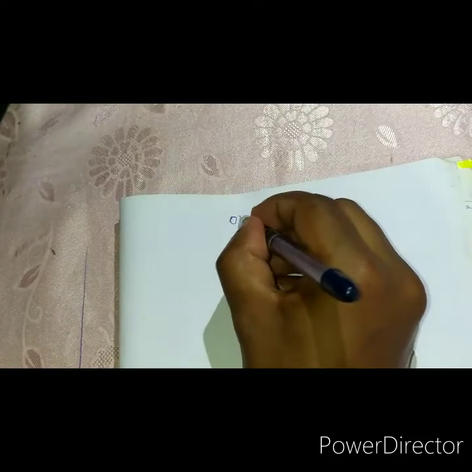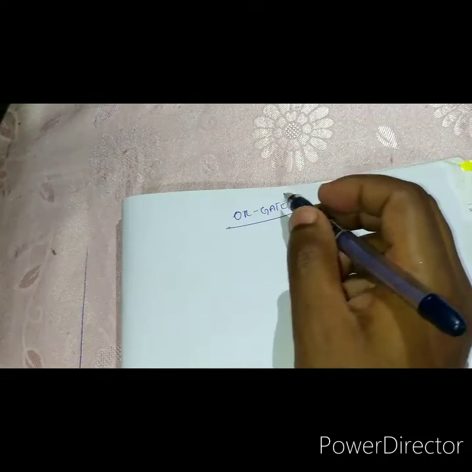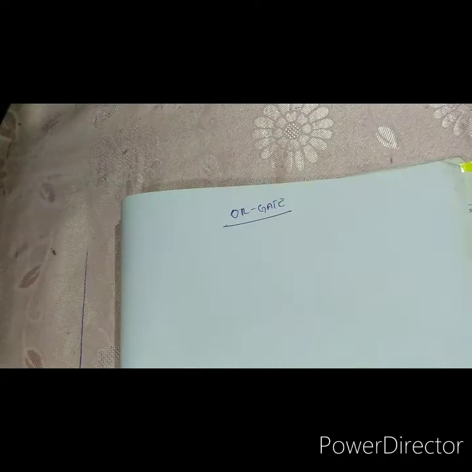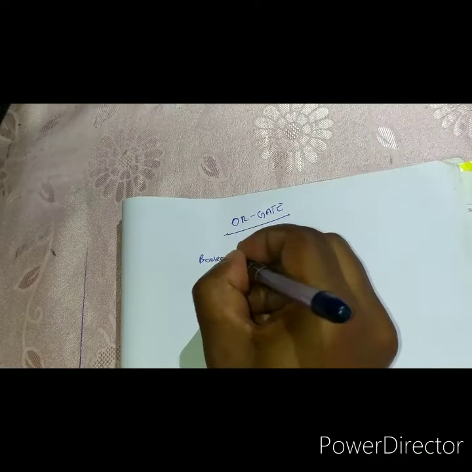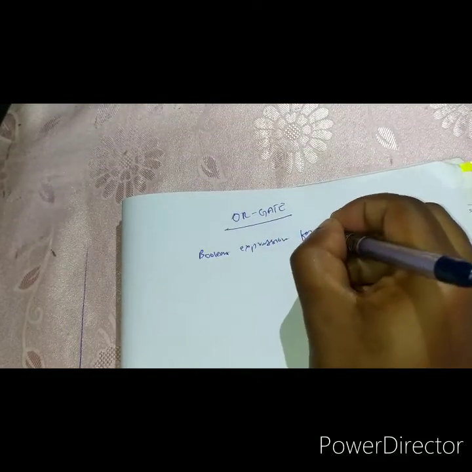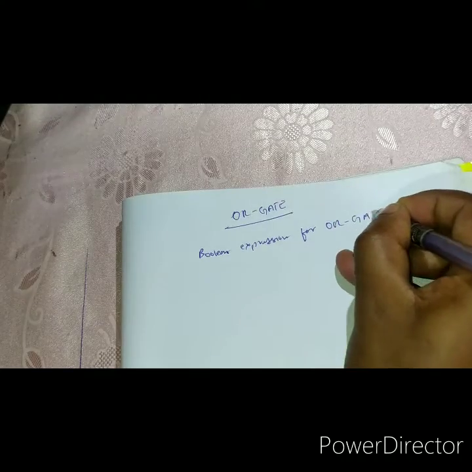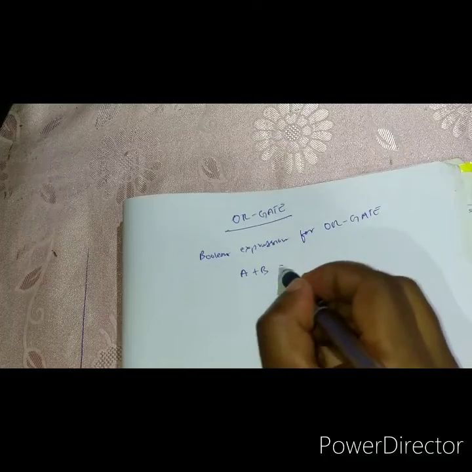So now let us see the OR gate. Generally, the OR gate will perform the logical addition, that is addition of input signals. The Boolean expression for the OR gate gives logical addition.